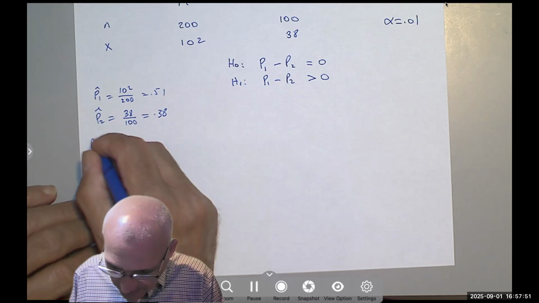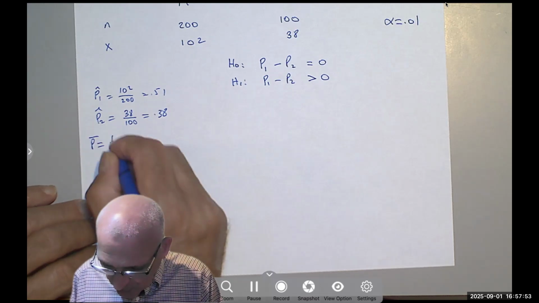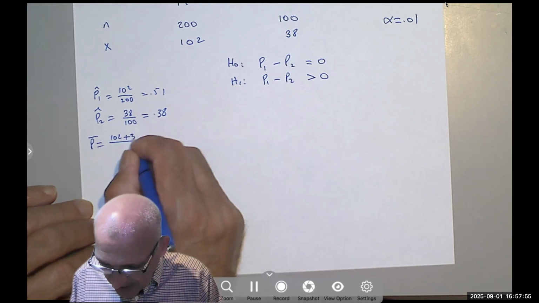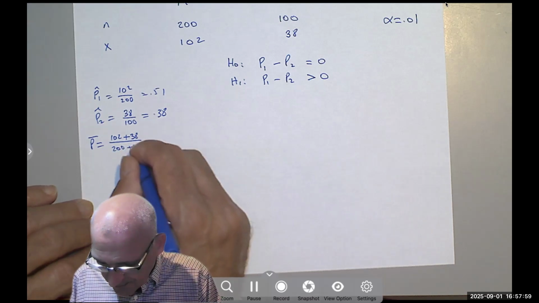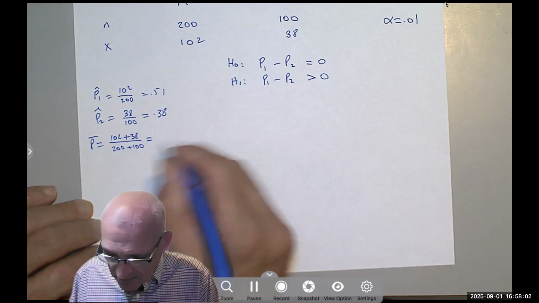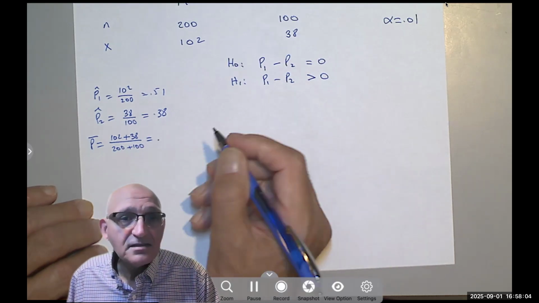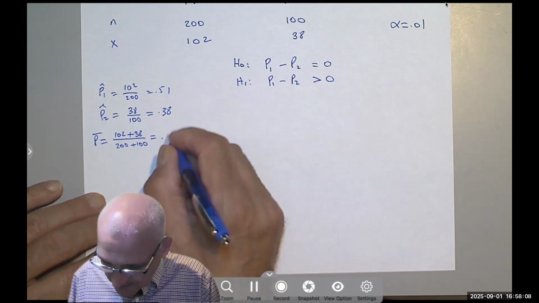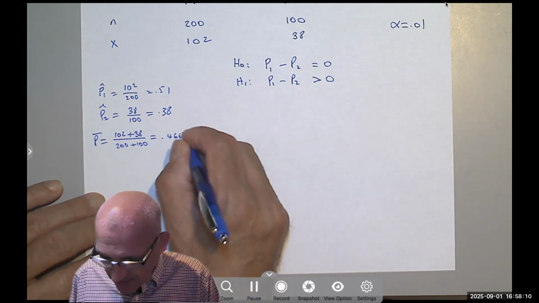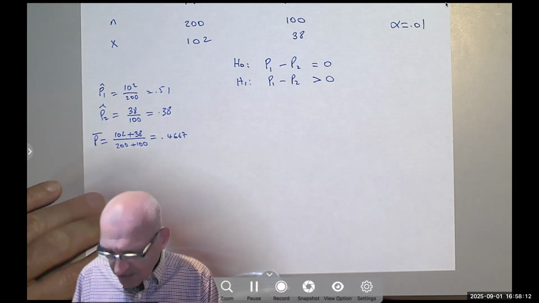And then we calculate P bar, which is 102 plus 38, that's 140 over 300. So what is that? It's 0.4666, 4667, right? Yeah, it should be.